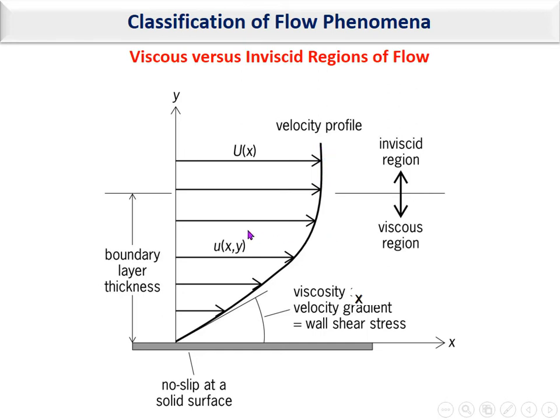Velocity gradient is du over dy. You can see here that du over dy varies here, but from this point further on, du over dy is 0. What's the meaning? The meaning is that u does not change with y. But here, when du over dy is not 0, it means that the velocity is changing with y.